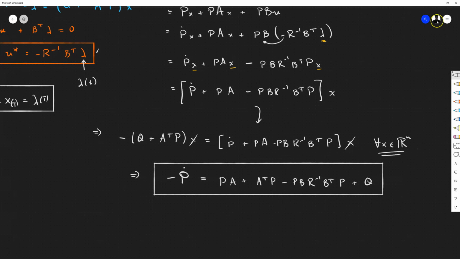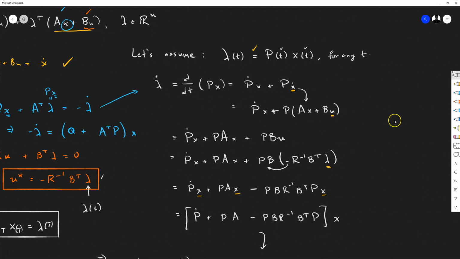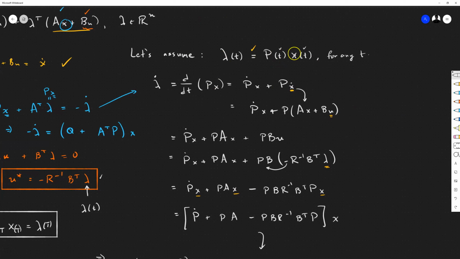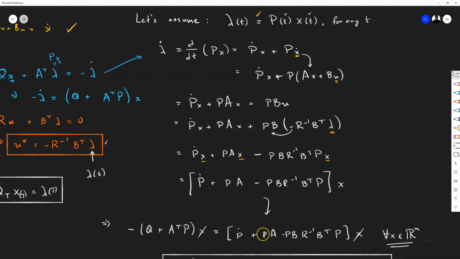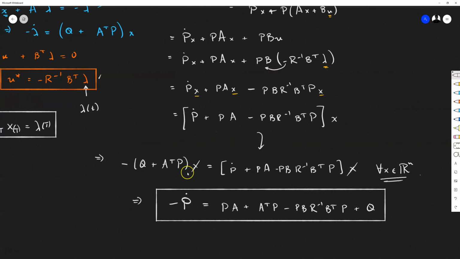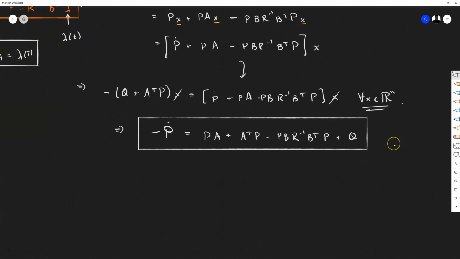There we go. Okay, so let's just backtrack real quick. We had this assumption on the costate that it's a linear function of the state. We took the derivative and we set the left-hand side from before equal to the derivative. And we got this differential equation for P. And this is a very special equation, known as the Riccati equation.